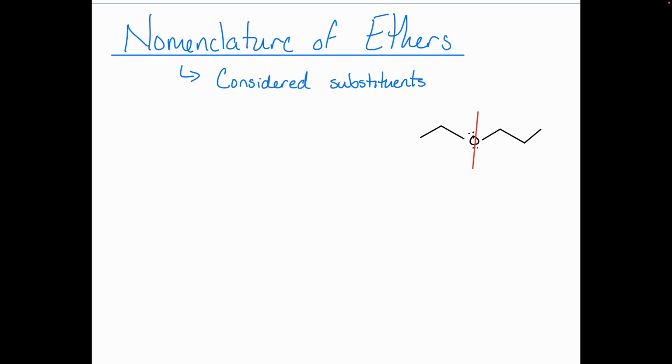All right, so let's take that same ethyl propyl ether as our example. But again, now we're going to lay out our IUPAC naming scheme. This is our normal four-step naming process, where first we need to find our parent chain.